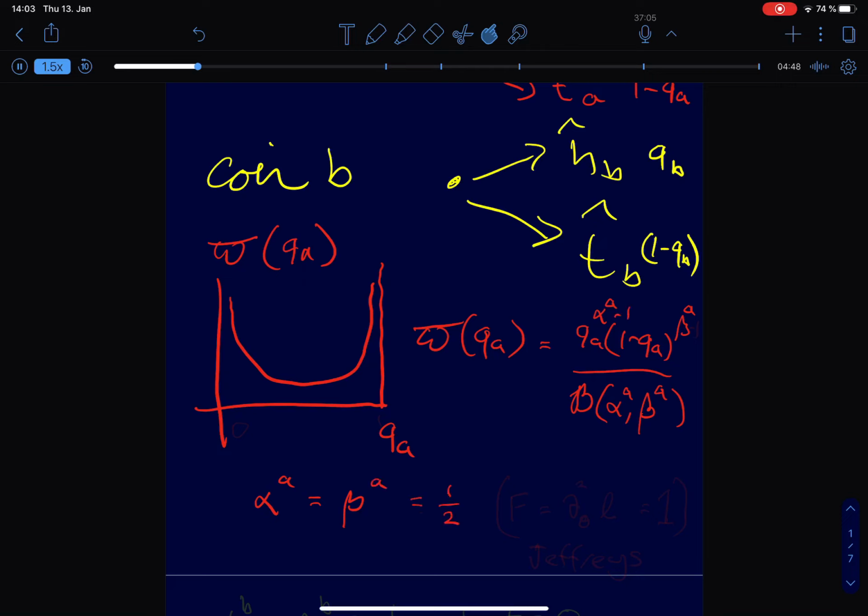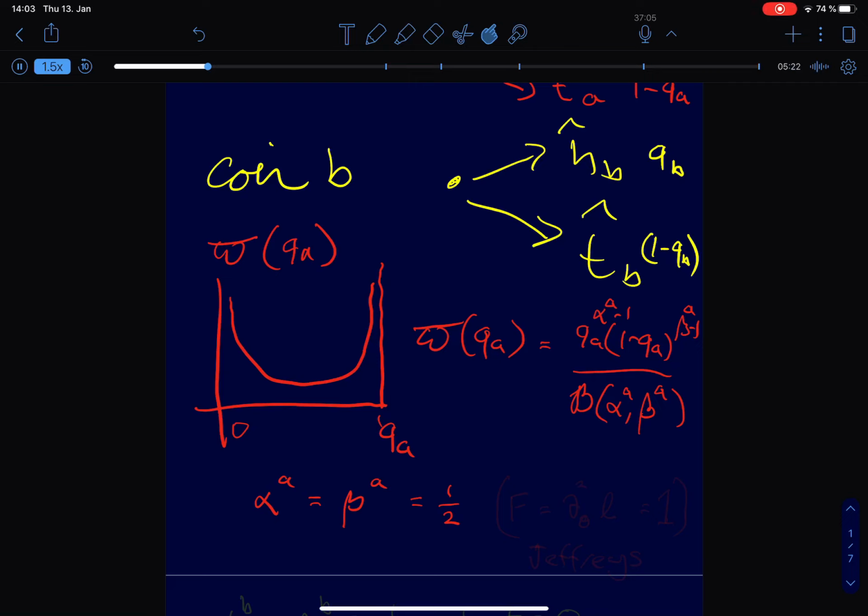Oh, these have minus 1s up here. That's why there are these spikes, because they're actually poles. They don't have any mass at 0 and 1, but they are poles of the distribution in the sense that the power is less than 0. So this is called the Jeffreys prior.